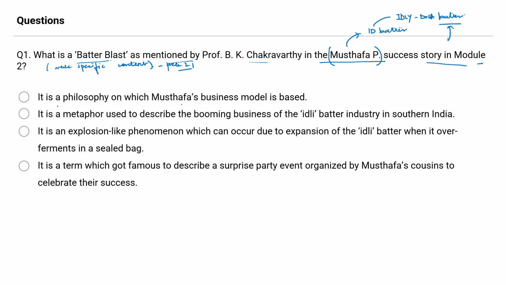It's a philosophy on which Mustafa's business model is based. It's a metaphor used to describe the booming business of idli batter industry in southern India. It's an explosion-like phenomenon which can occur due to the expansion of idli batter when it over-ferments in a sealed bag, or it is a term which got famous to describe a surprise party organized by Mustafa's cousin to celebrate their success. Take a minute, try to understand the question.